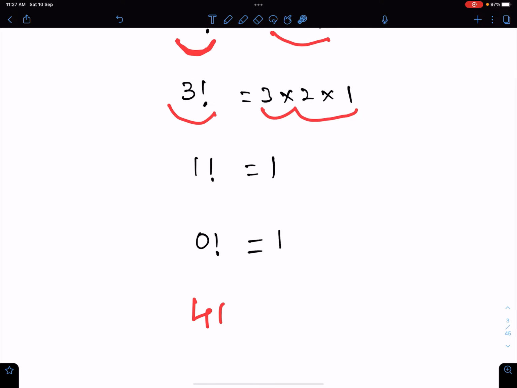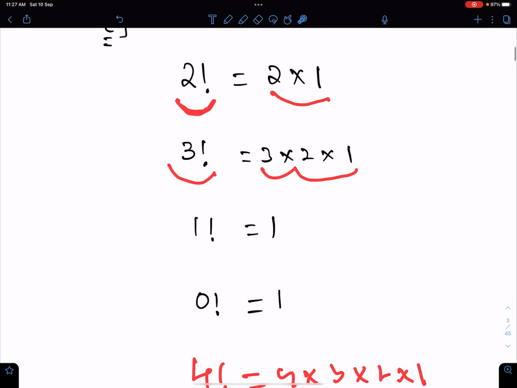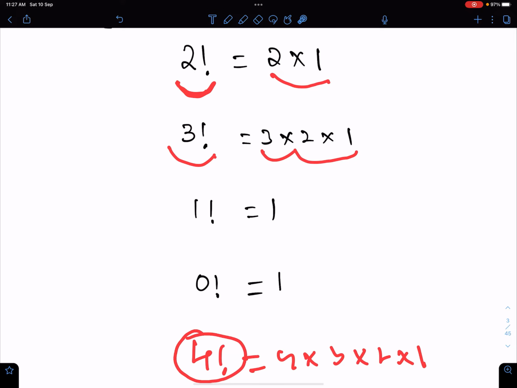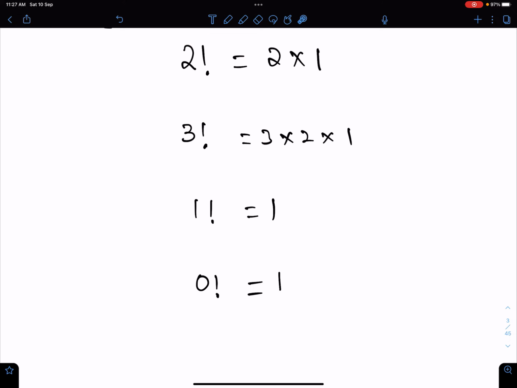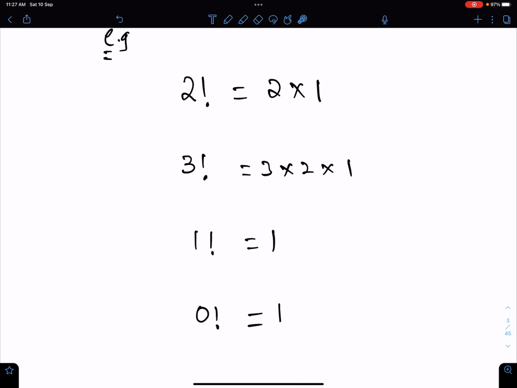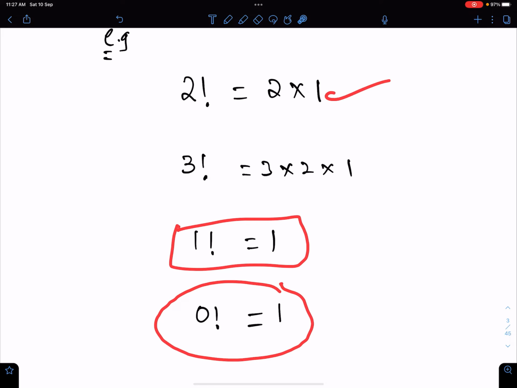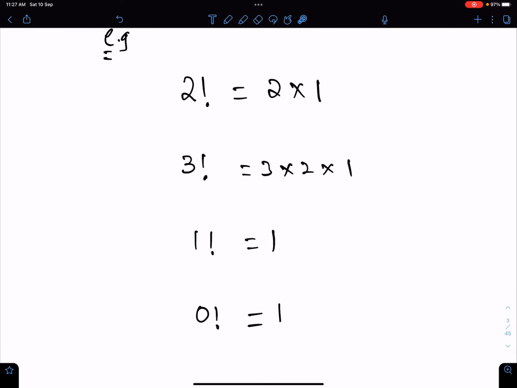Similarly, 4 factorial means 4 into 3 into 2 into 1. So you can use your calculator to find the values of factorial, like 2, 3, 4 factorial and any number. Well, 1 factorial is 1 and 0 factorial is also 1. You can verify these results in your calculator.